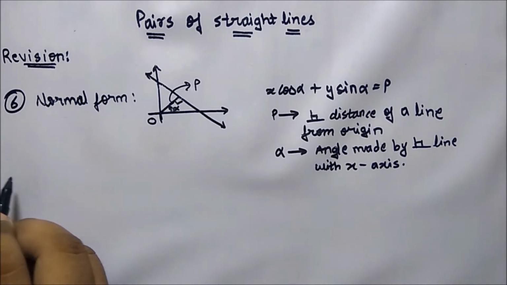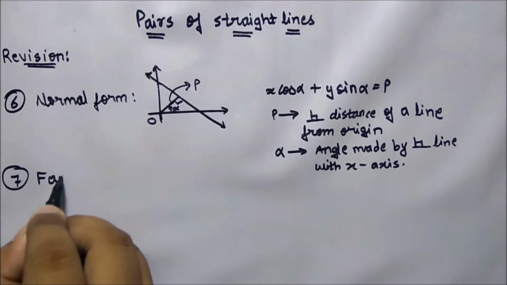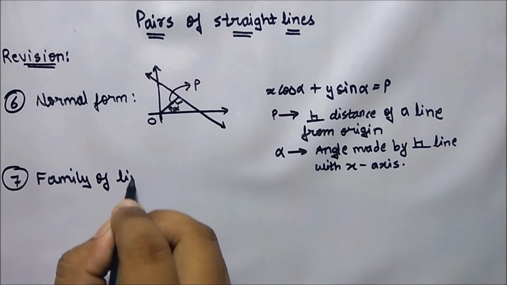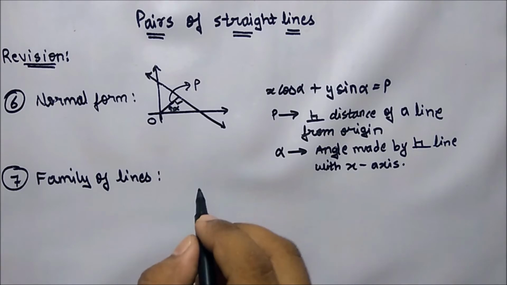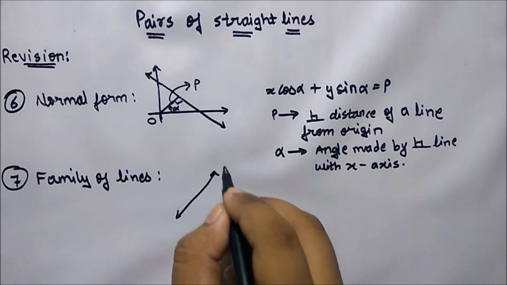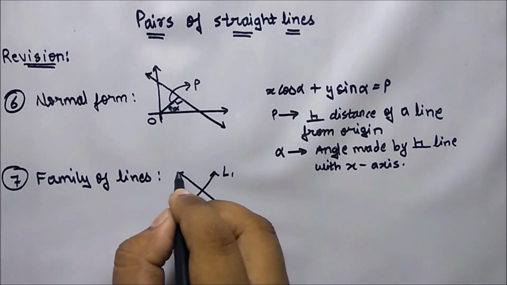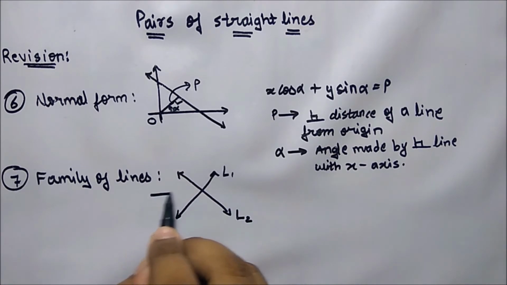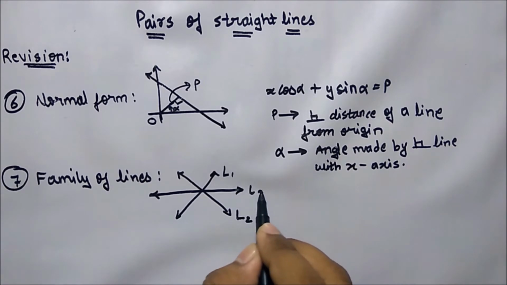We have studied one concept which is known as family of lines. In this we have studied, if this is say line L1 and this is say line L2 and this is line L3.